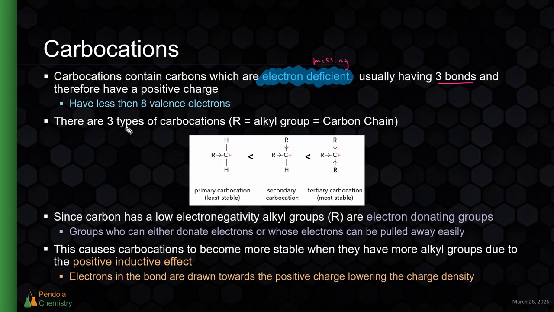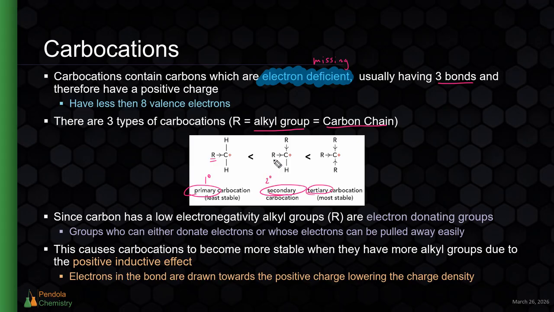Now, there are 3 different types of carbocations. There are primary, secondary, and tertiary carbocations. And what these are based on is the number of R groups or alkyl groups, or essentially carbon chains, as we talked about in an earlier section, that are attached to the positive carbon. A primary carbocation, like the name implies, primary being 1, has 1 carbon chain or R group attached to the carbon.